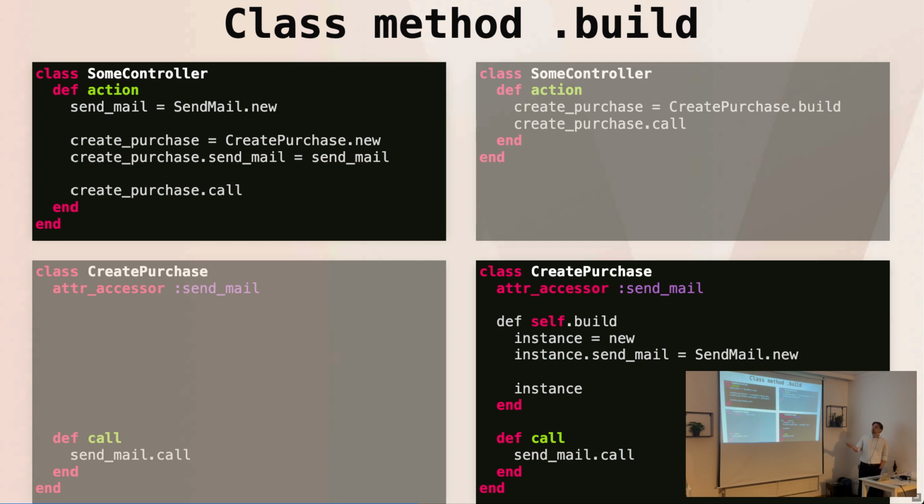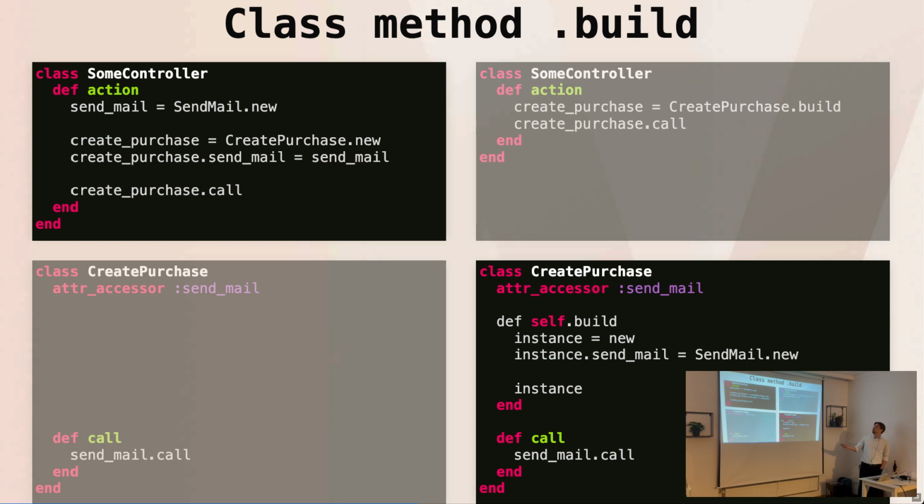Again, left side old, right side new. So in the old code, we had our dependency preparation here. Now we move this to a build method. So what does our build method do? It creates an instance and then uses the setter for creating an instance of our dependency and returns the instance itself.